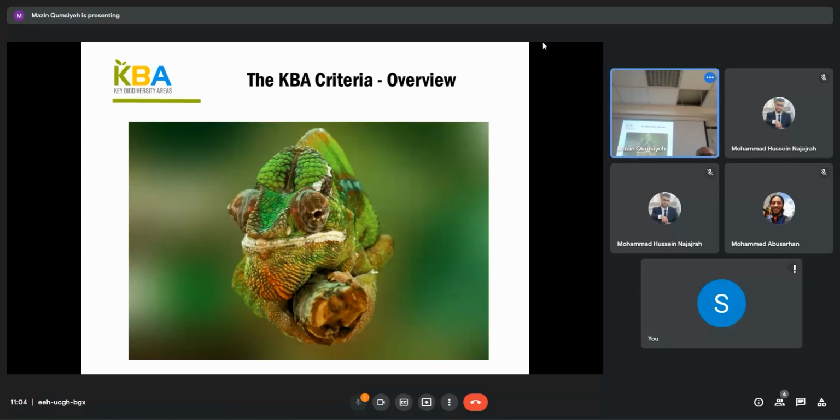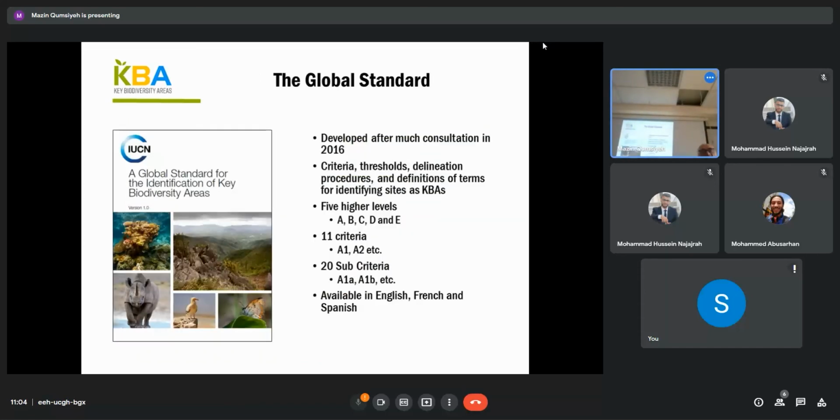And the purpose of this notion is to try to define, at the global level first, but it can also be applied at a local or national level, which are the sites most important for conservation.